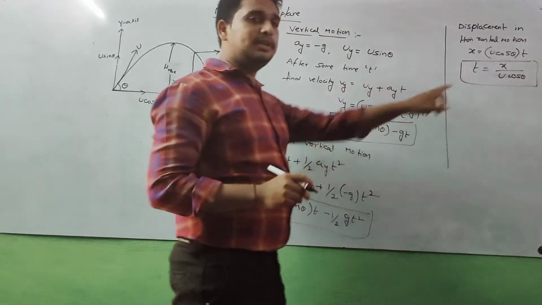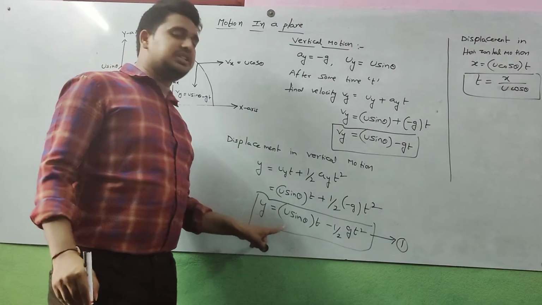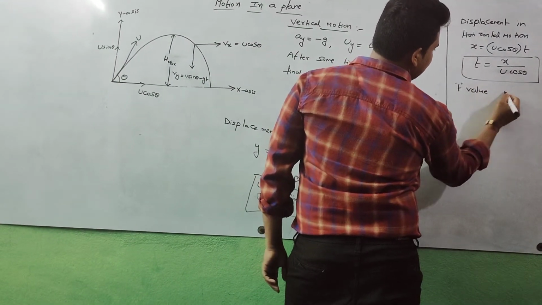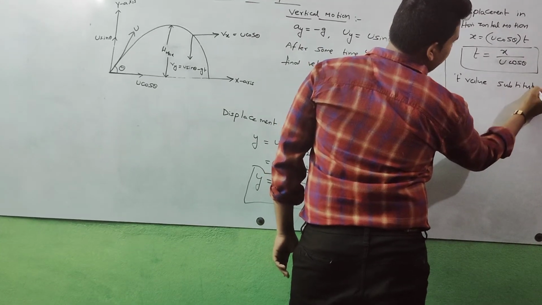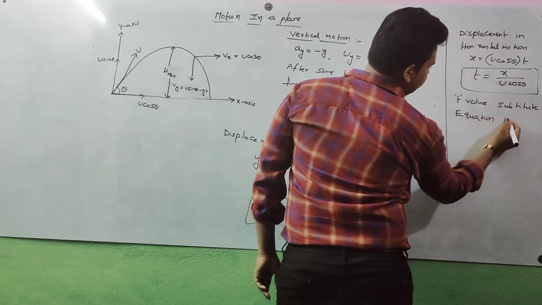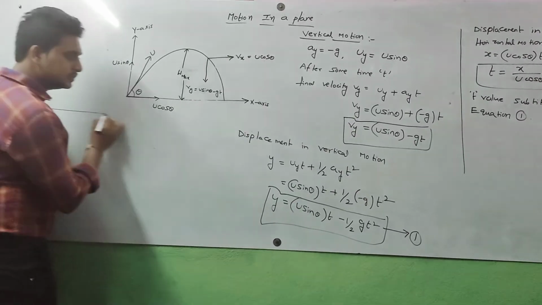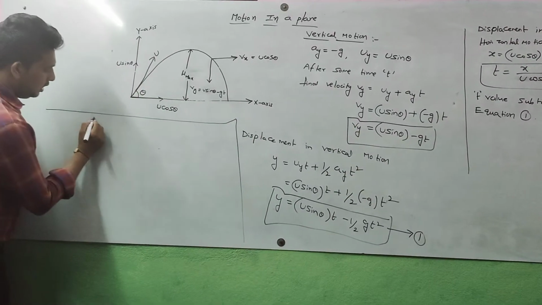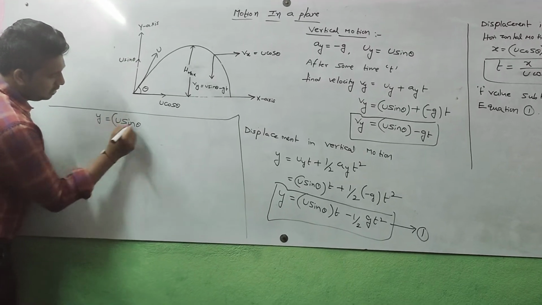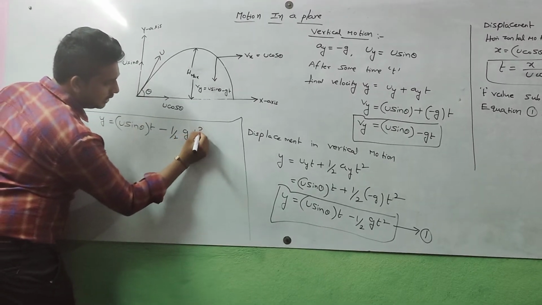So this t value is substituted in equation 1. Observe carefully. What is equation 1 here? Y is equal to u sin theta into t minus half g into t square.